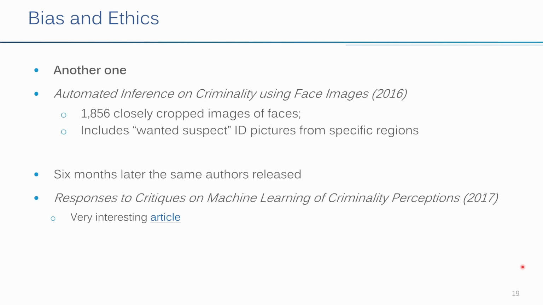Okay. I mentioned before, this is not the only example. In 2016, there was a paper called "Automated Inference on Criminality Using Face Images." It pretty much goes in the same direction, but they used barely 2,000 cropped images of faces, and used that to identify whether a person is defined as a criminal or not. Six months after that, the same authors released a response to that paper called "Response to Critiques on Machine Learning of Criminality Perceptions."